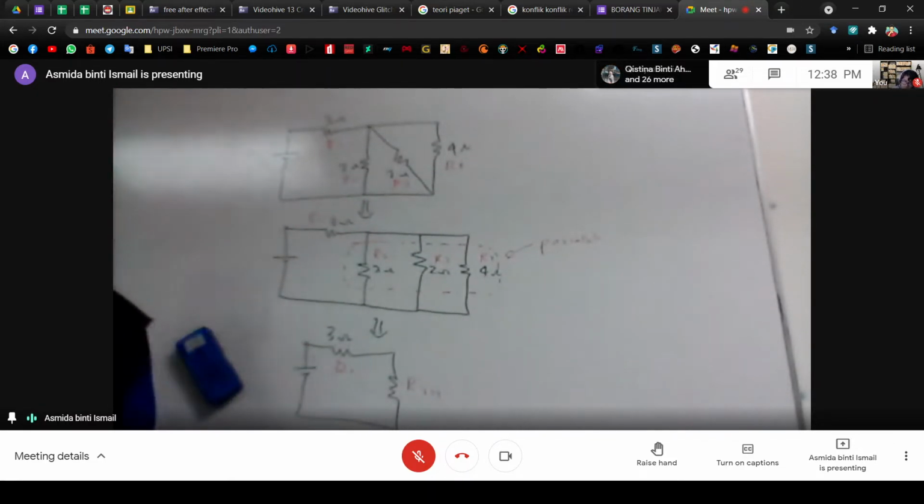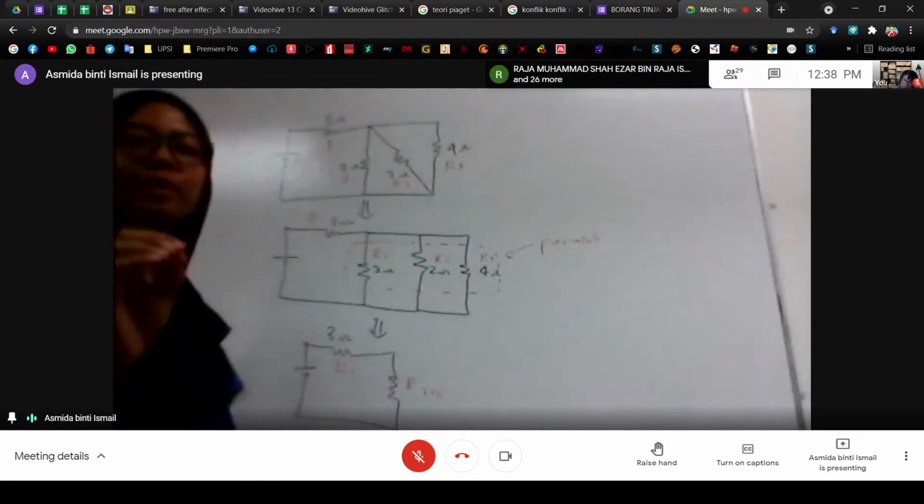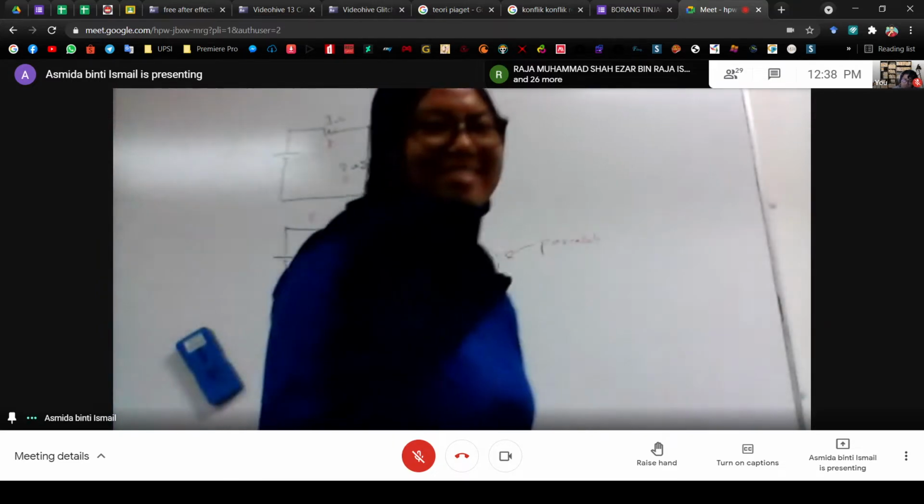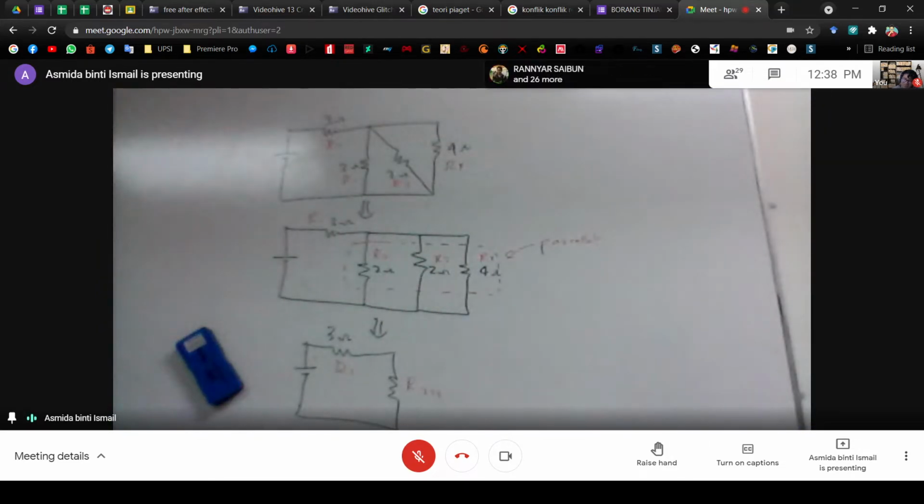Okay, this is the next circuit. Take 5 lah, take 5 sekejap. You take 5. Tengok pening pula, take 5 sekejap. Pergilah minum air ke, makan biskut ke.